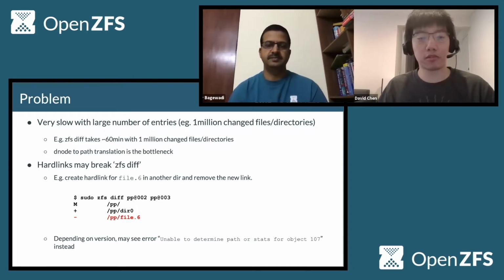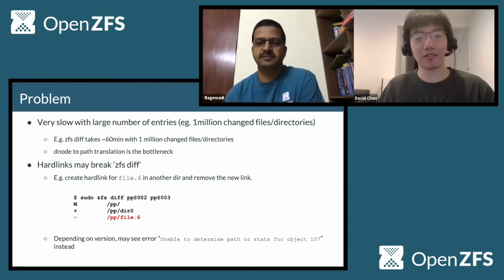When you do a ZFS diff, it shows that file.6 is removed, but you didn't actually remove that file. The file is still there, but ZFS diff shows that it is removed. That's not the correct result we're expecting.